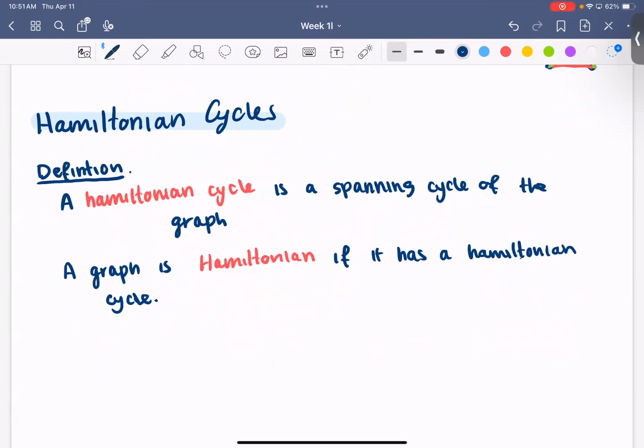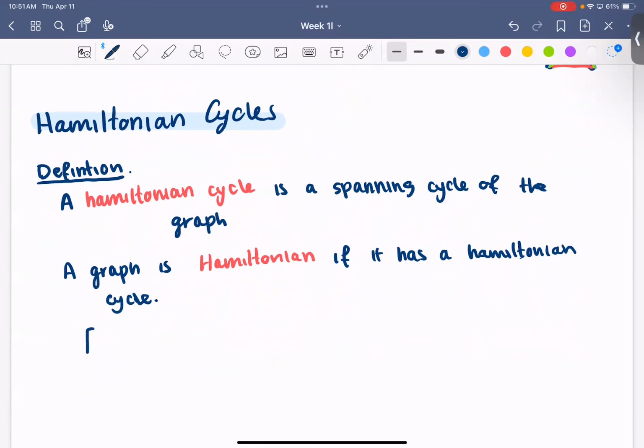I think last time we said that an Eulerian circuit in the graph gave a spanning cycle of the line graph.